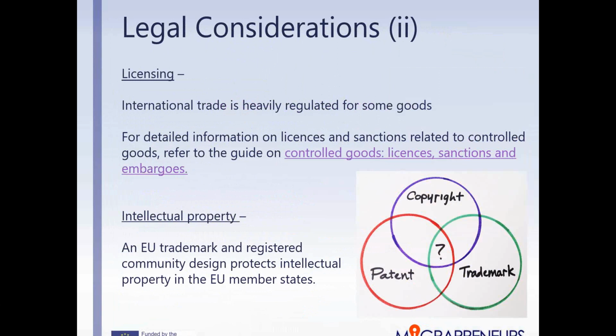There's a guide to refer to in terms of the licences that you would need and charges, like excise, customs duty and so on. The link to that guide is here in this presentation, which, as I said, we will share with everybody on the website and on the Microplayers online hub.